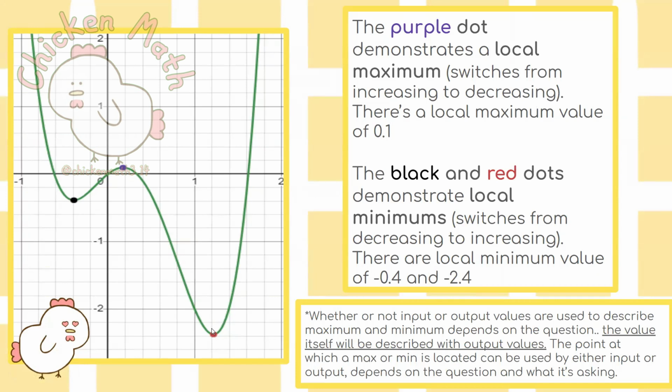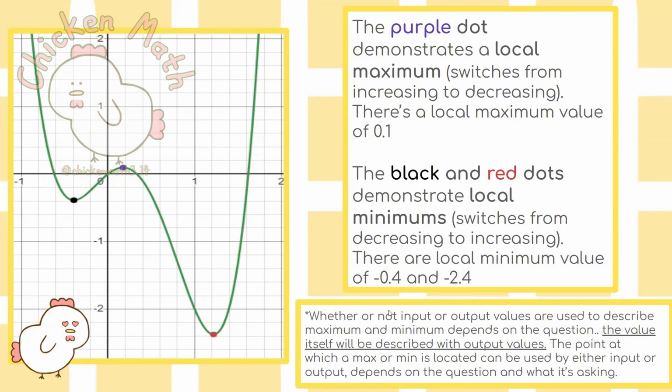So this black and red dot, it goes from decreasing to increasing. Again, that's our output values that are changing. So a way to look at that is just looking at the tips of our graph. And the reason why this graph wouldn't have local extrema at the endpoints is because it's continuous. There's no restricted domain, so therefore there are no endpoints for it to count.